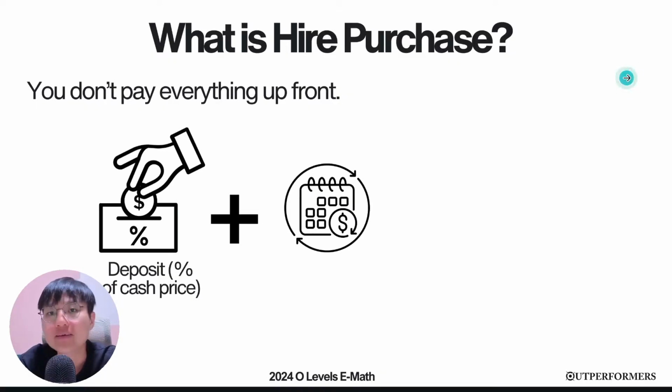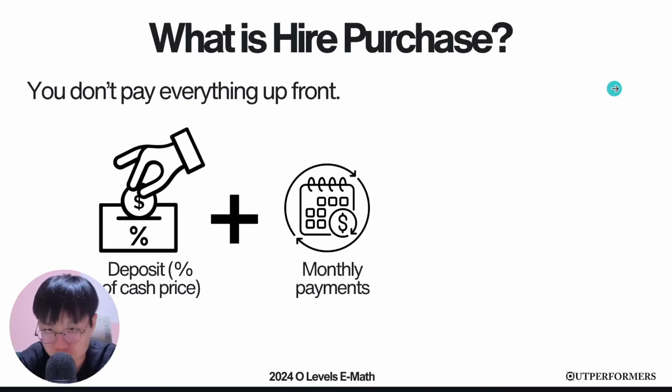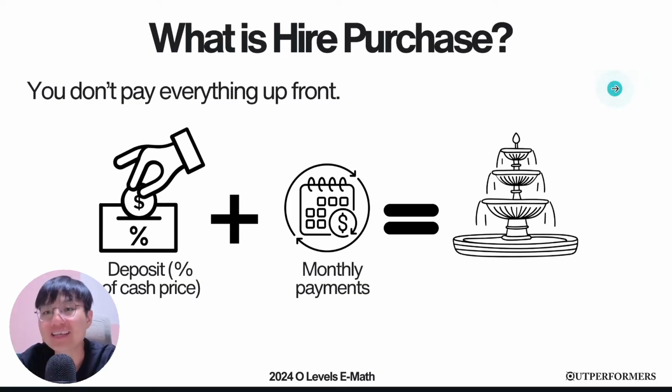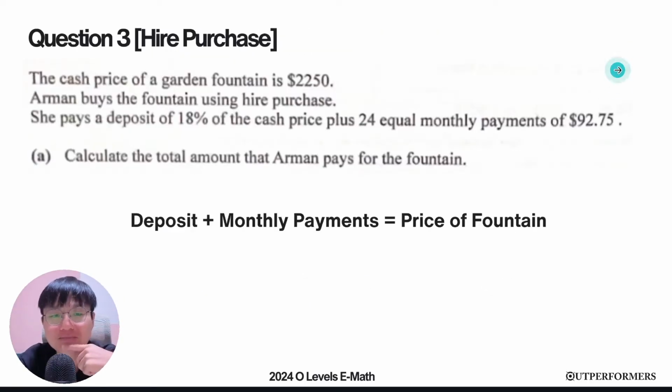But over the next 24 months, she has to pay a monthly payment to the shop. And after the 24 months is up, then she has officially owned this fountain. Yay!